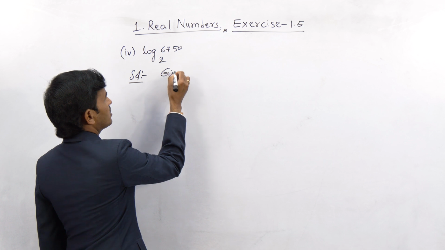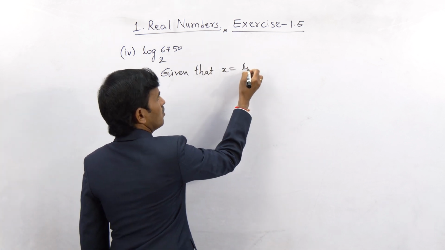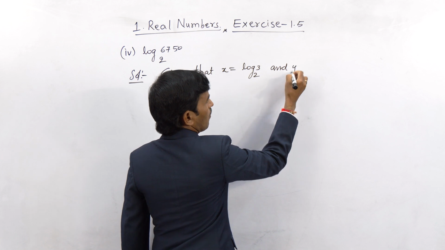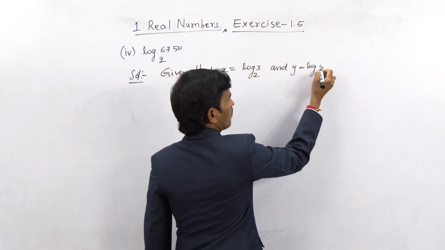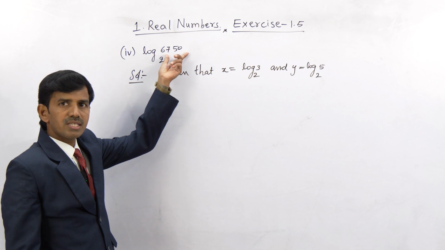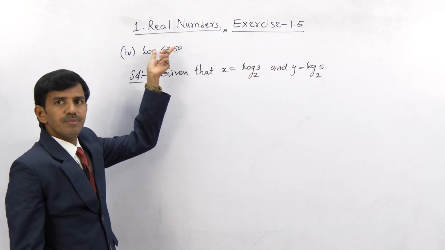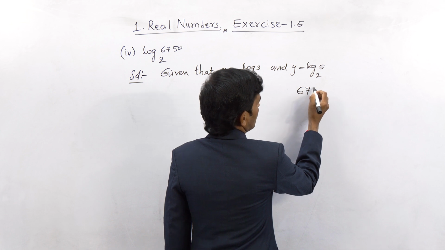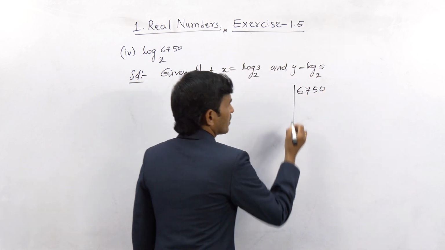It is given that x is equal to log 3 to the base 2 and y is equal to log 5 to the base 2. Now we have to find the product of prime factors of 6750.